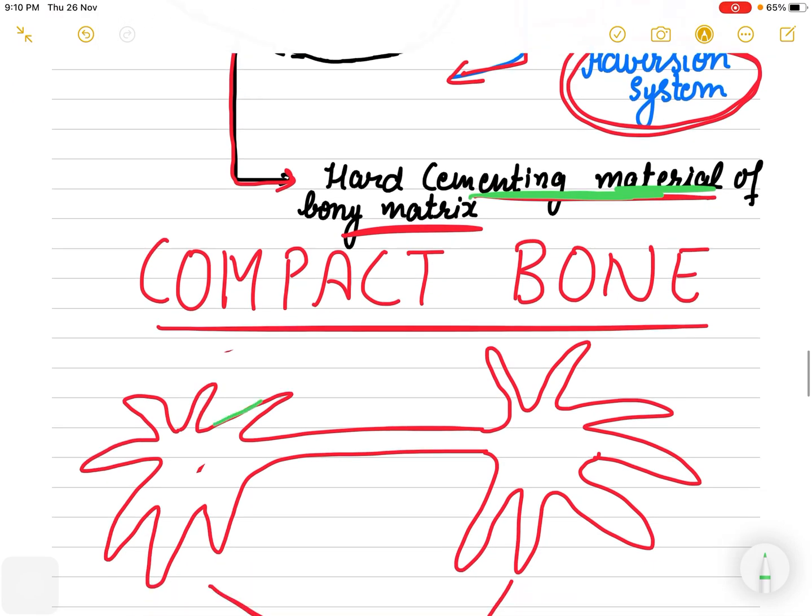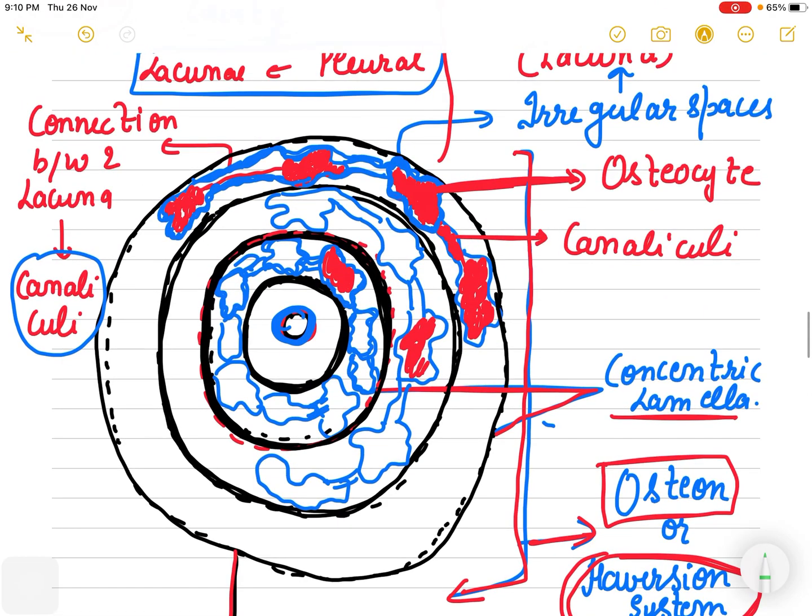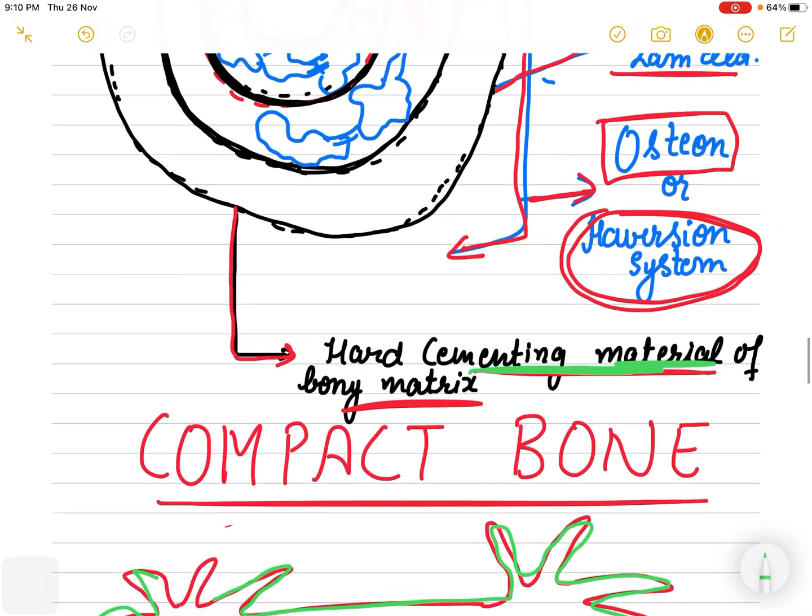This is the structure of a compact bone. This is how two osteocytes are arranged in this arrangement. This is how two osteocytes are joined together.